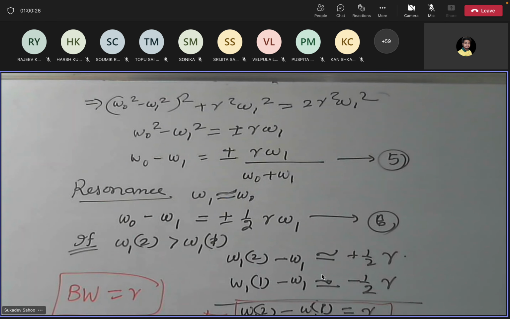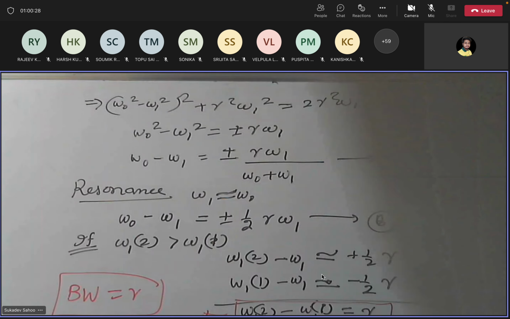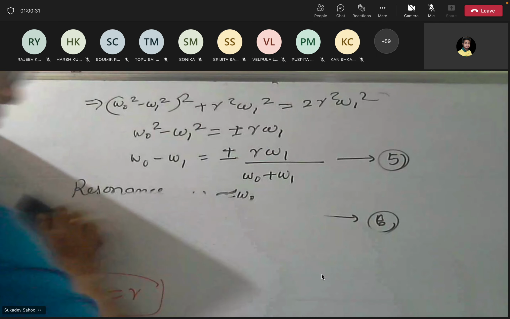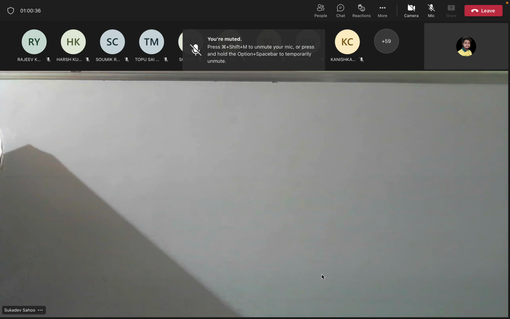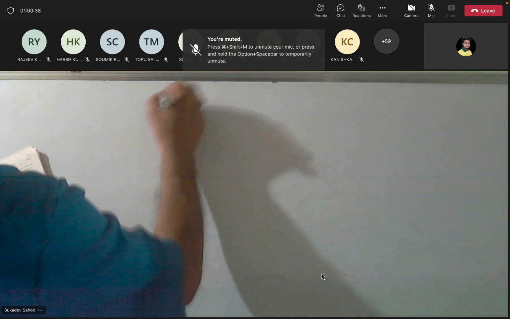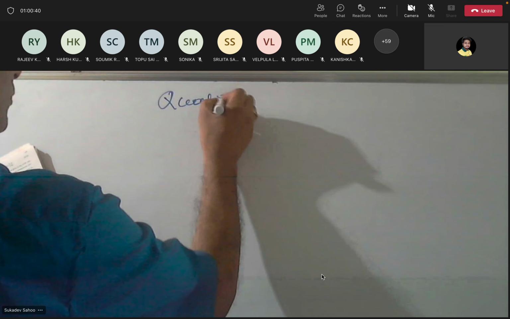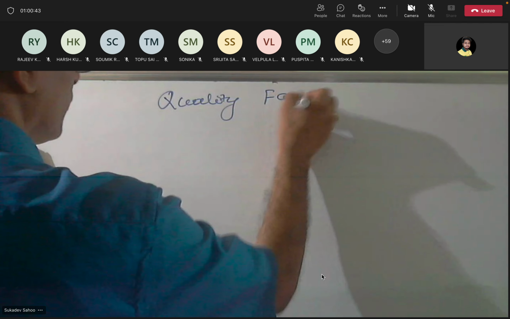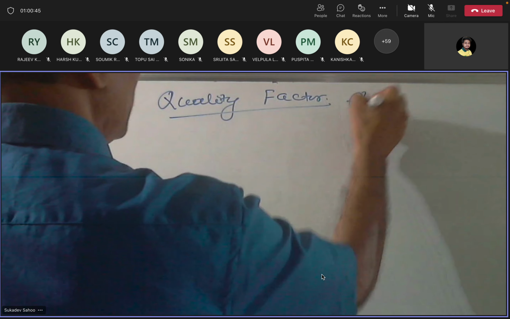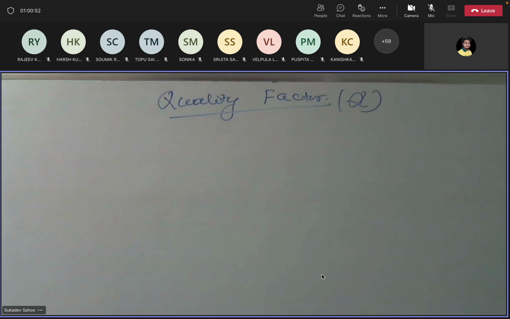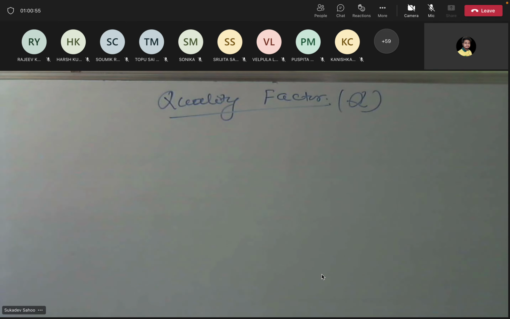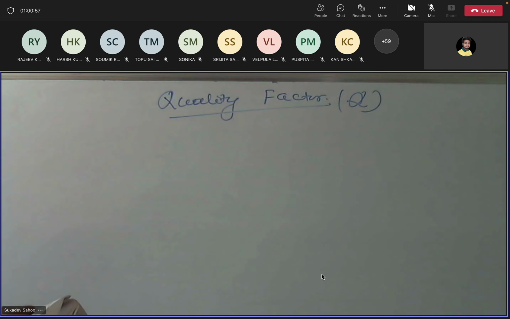Then one more parameter is there, that is quality factor Q. This is also known as a figure of merit of an oscillation.